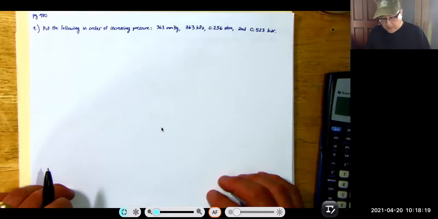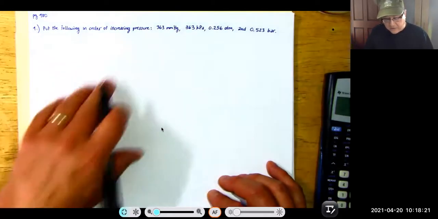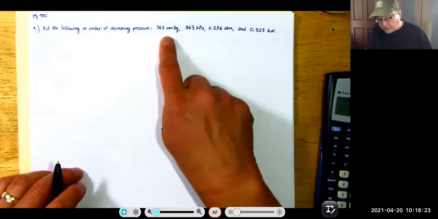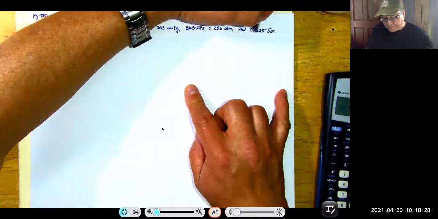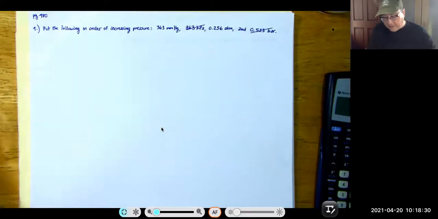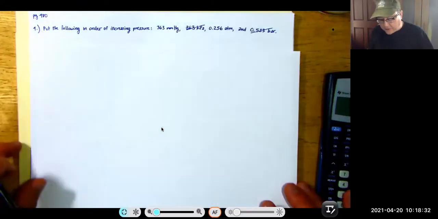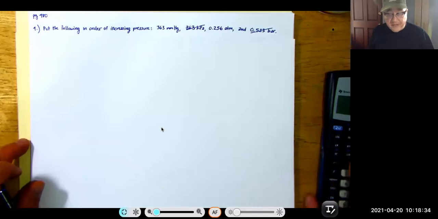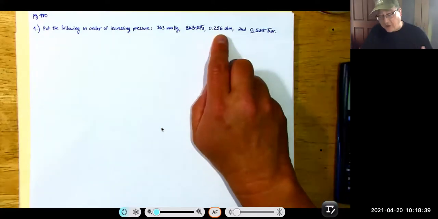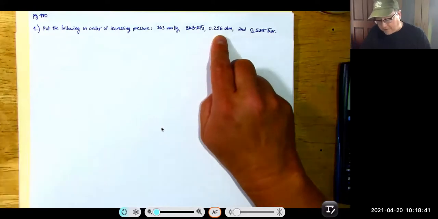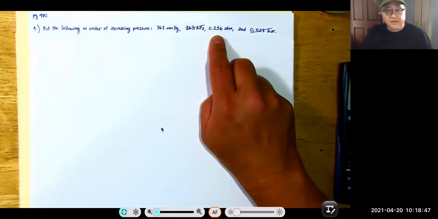Okay, put the following in order of increasing pressure. Now, again, we're not working with pascals and we're not working with bars. So here, how can I put these in order of increasing pressure? All I have to do is think about it a little bit. 0.256 atmospheres is 1/4 of 1 atmosphere, and that would be 1/4 of 760 millimeters of mercury. And 1/4 of 760, if I pretend it's 800, would be about 200.